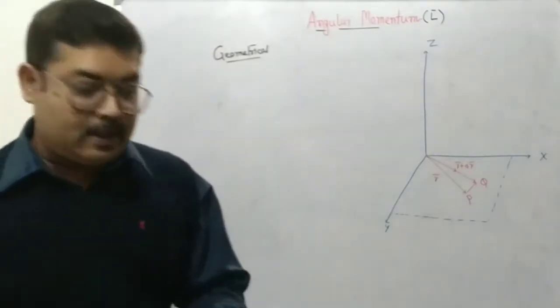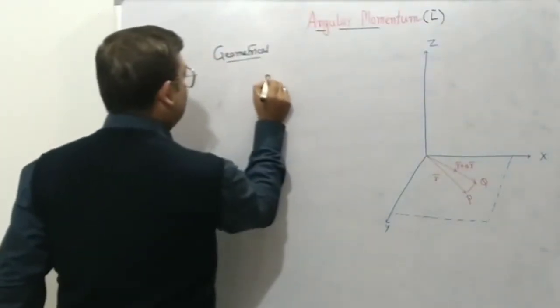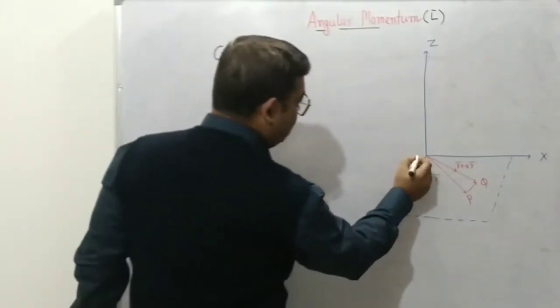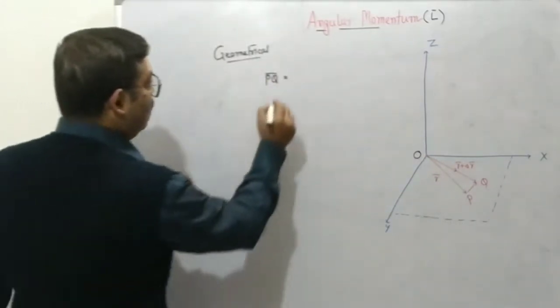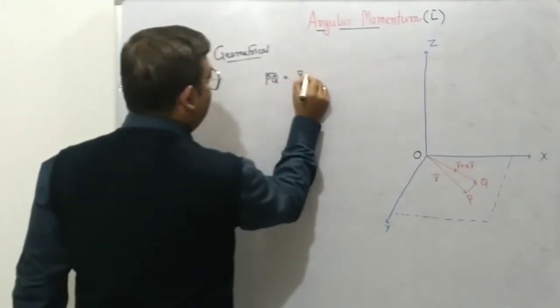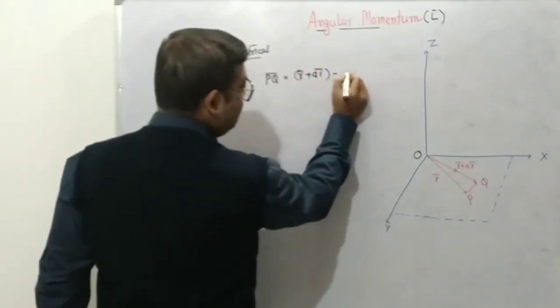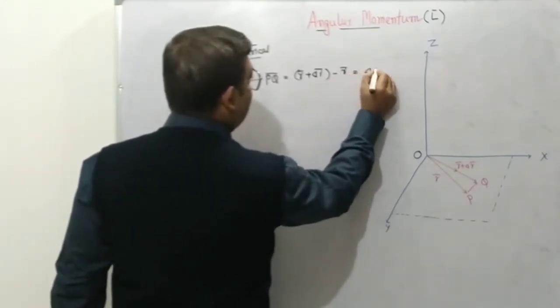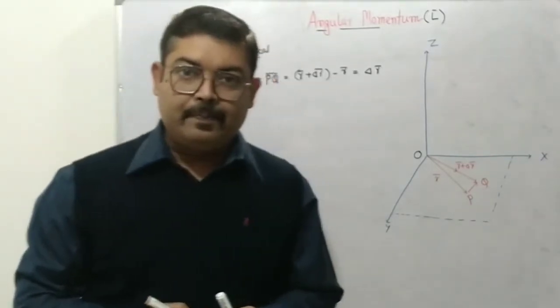So PQ gives us the displacement vector. Taking the origin O, PQ is simply OQ minus OP, that is r plus delta r minus r, so PQ equals vector delta r. That is the displacement vector.